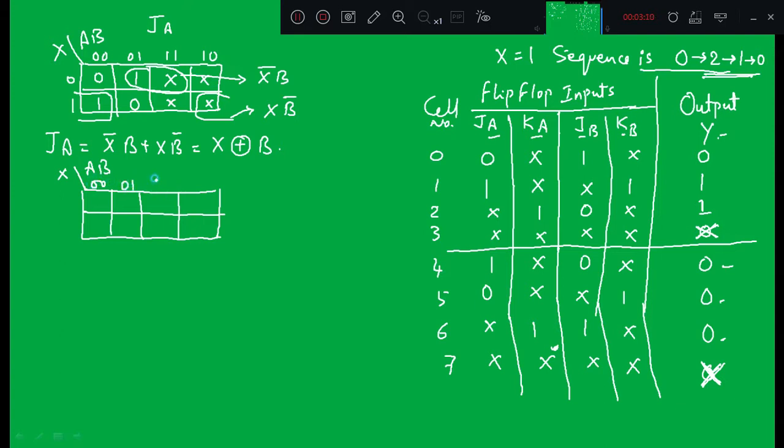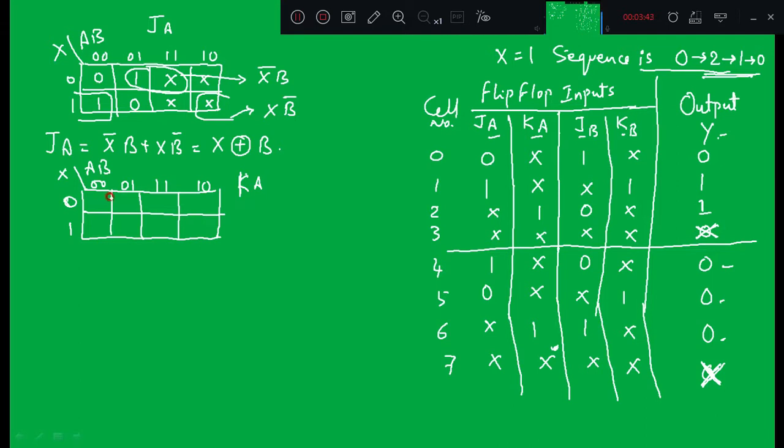I will not put a K-map for KB, because KA and KB are the same with respect to the cell values. Either they are 1 or they are don't care. So no need to put a K-map for KB, and even for KA it is not required.